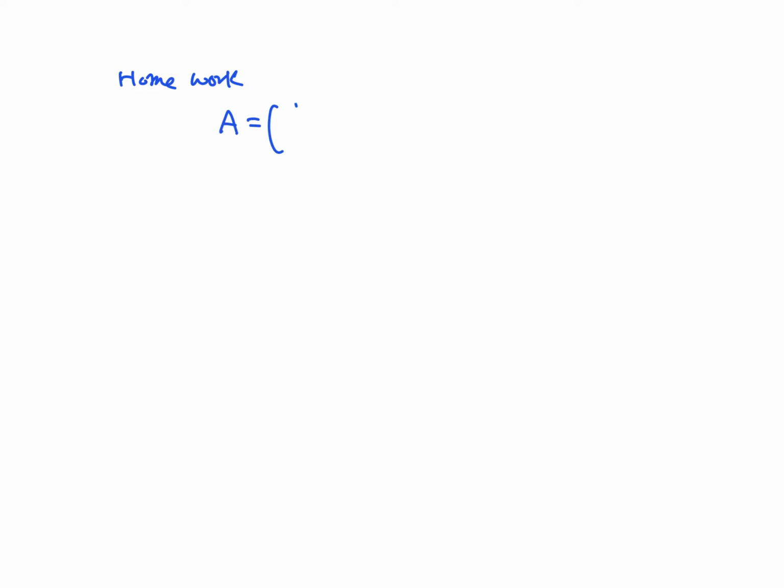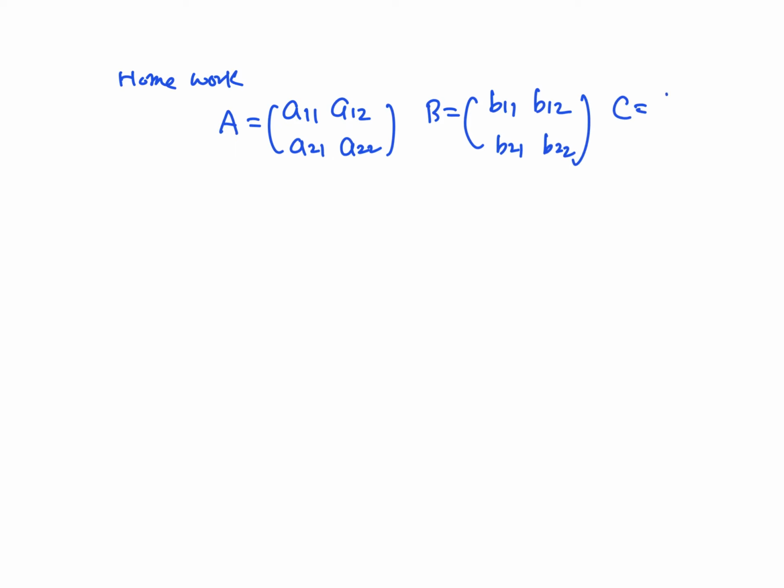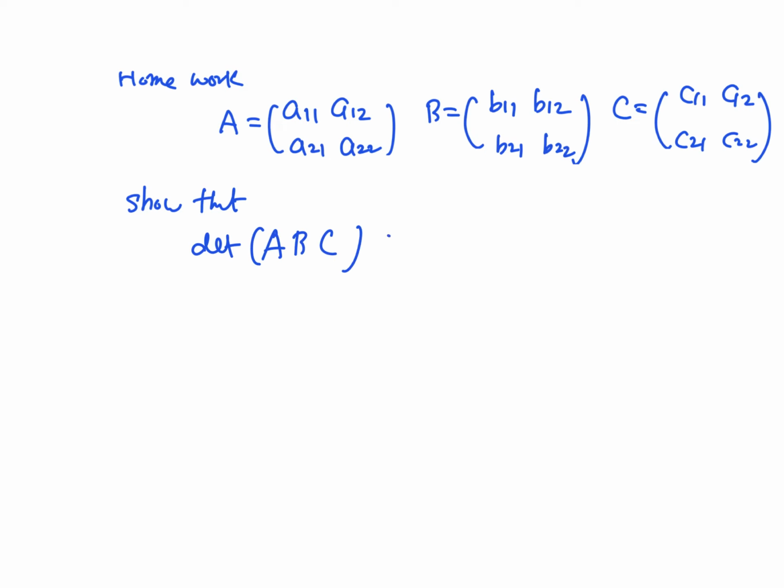A equals A11, A12, A21, A22, B equals B11, B12, B21, B22, C equals C11, C12, C21, C22. Show that determinant of ABC equals determinant A, determinant B, determinant C.